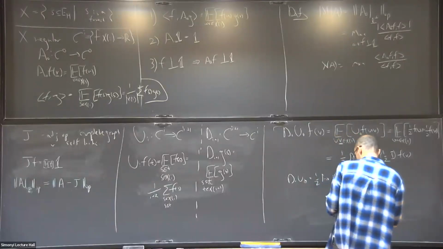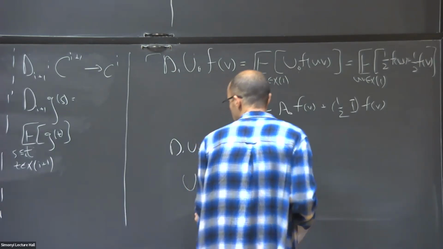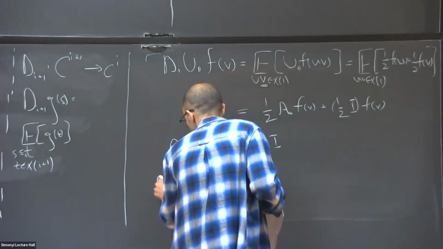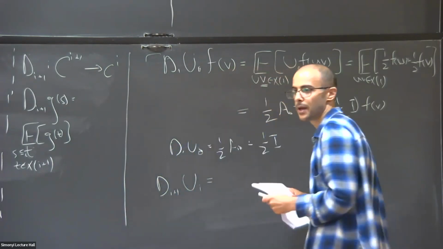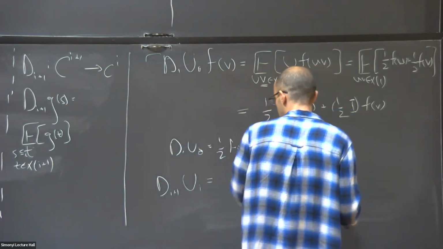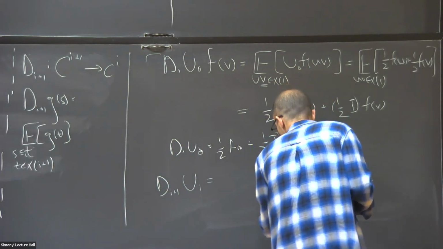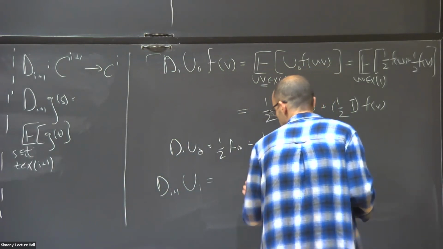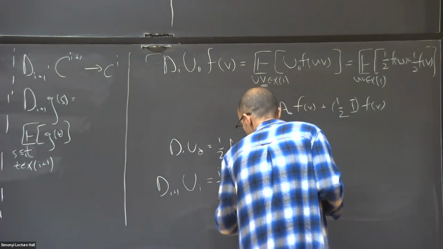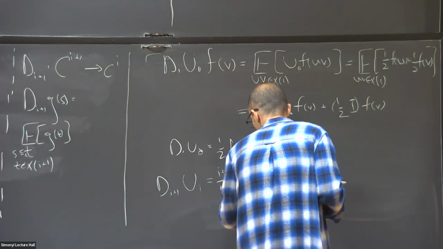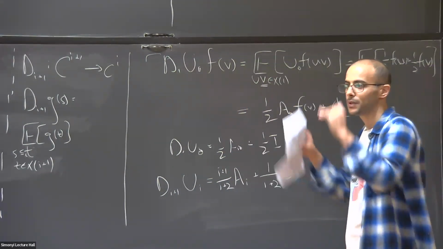So in particular, half of the time I go down to the same vertex. In the same way, one can show that if I look at ui the i plus 1, then this will be 1 over i plus 2 the identity, and i plus 1 over i plus 2 what I'll call the non-lazy up-down operator.